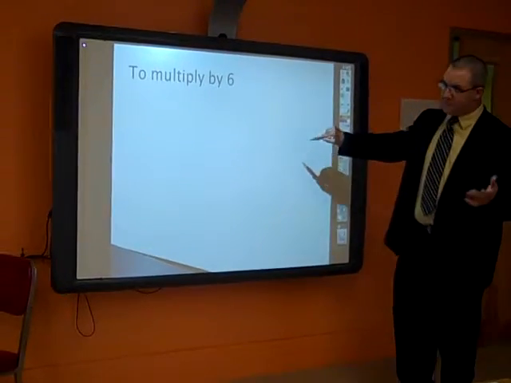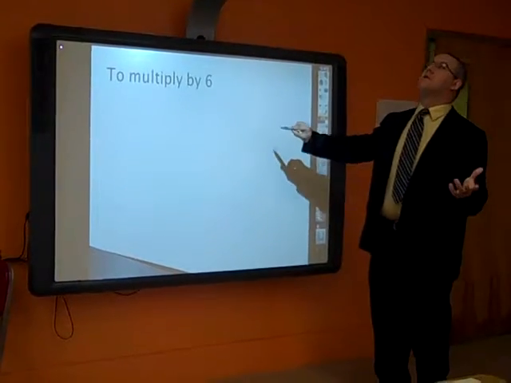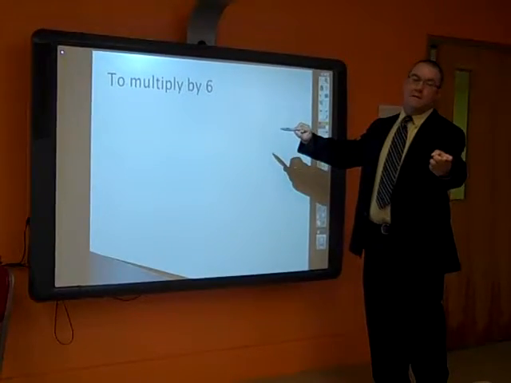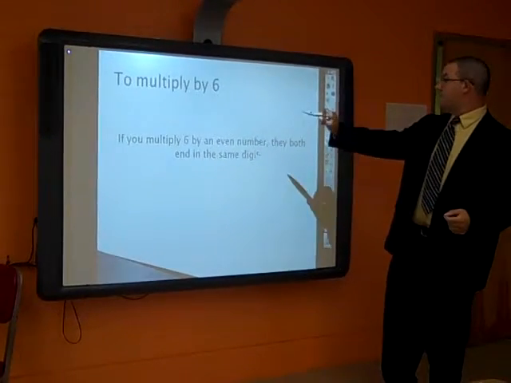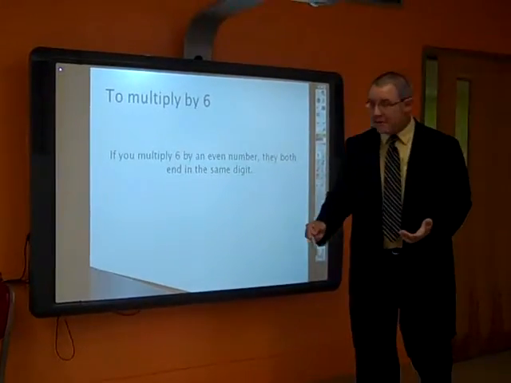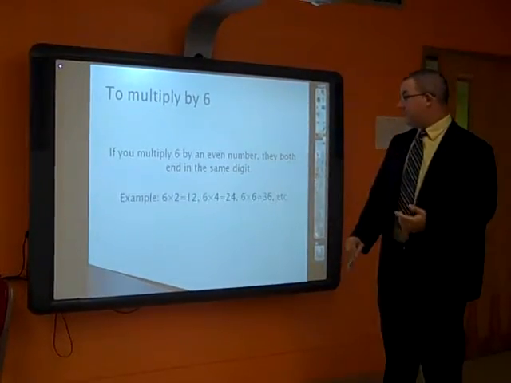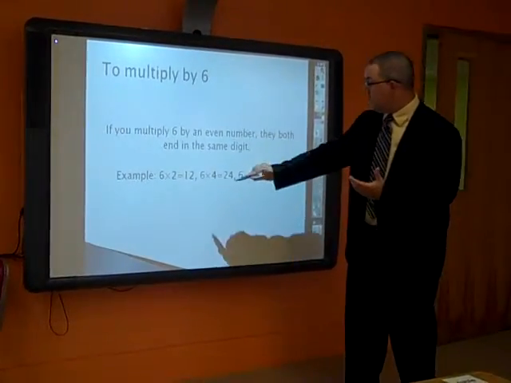Good job. Now, to multiply by 6, you're thinking, oh man, 6 is so hard. 6 times 7 is? 42. Good. If you multiply 6 by an even number, that means they both end in the same digit. Okay, for example, if we multiply 6 times 2, it will equal 12.